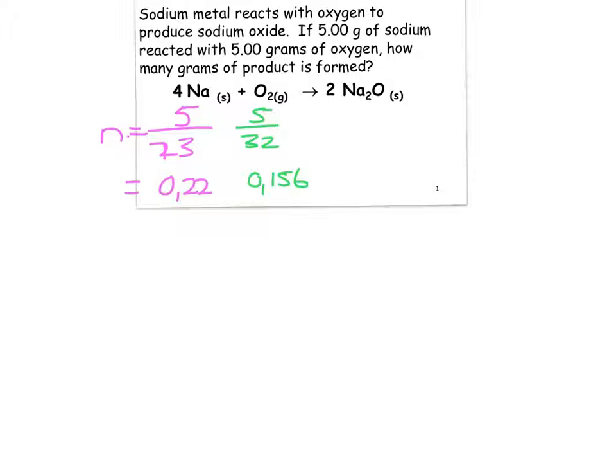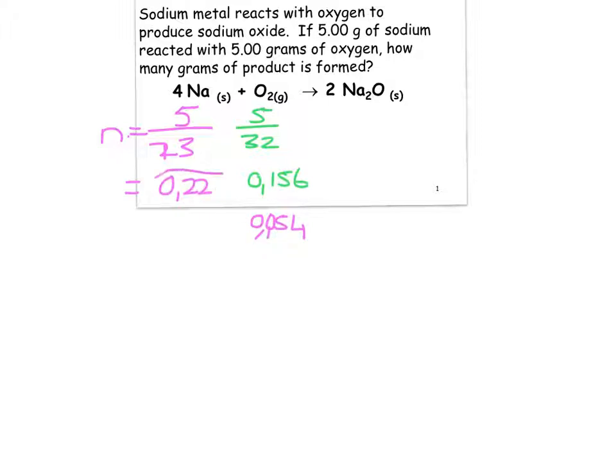Let's do a little link. What if I said 4 is to 1 as 0.22 is to, I divided by 4, 0.054. That looks like I would actually have enough.